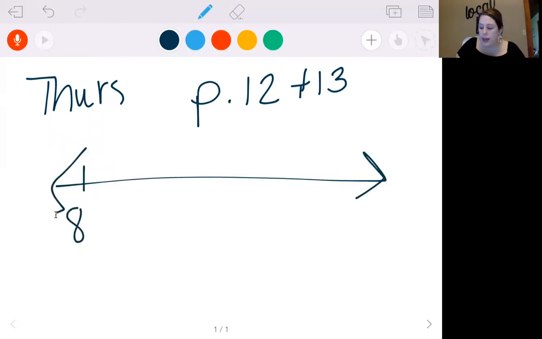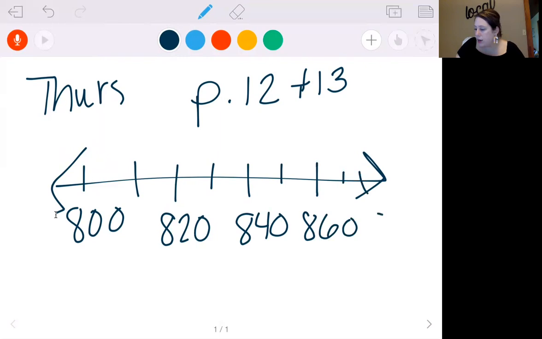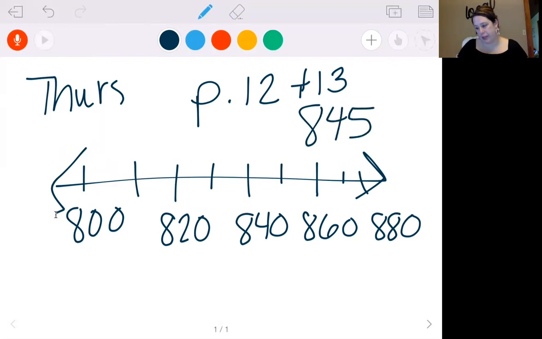They started at 800, then they have a little tick mark here, then 820, tick mark, 840, tick mark, 860, tick mark, and then 880, and I'm going to stop here because I'm running out of room on my iPad. So if we were to look at where 845 is, we need to know what our interval is.